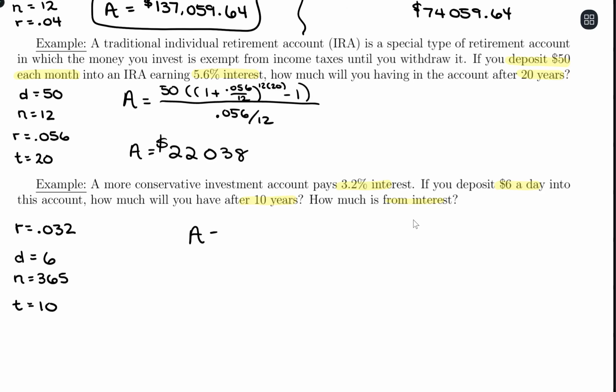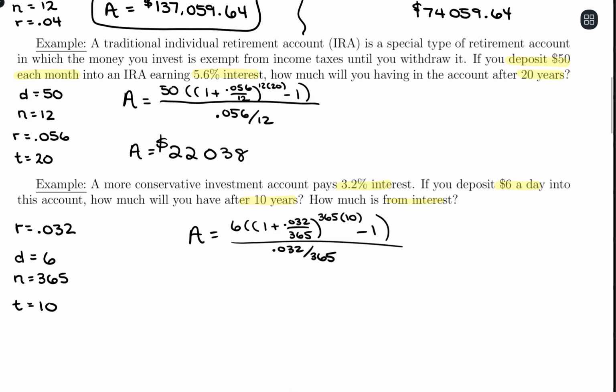So A equals 6, 2 sets of parentheses, 1 plus 0.032 over 365 with an exponent of 365 times 10. All of that minus 1, and then we'll close those parentheses, and in the denominator 0.032 over 365.